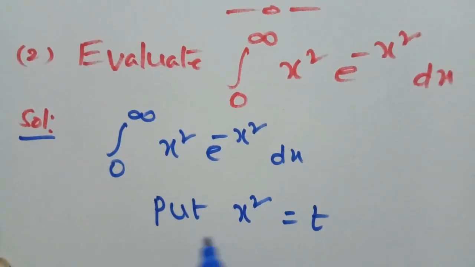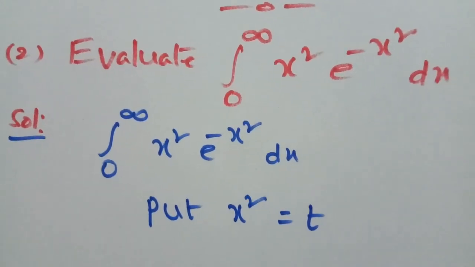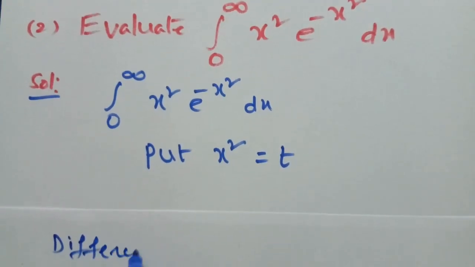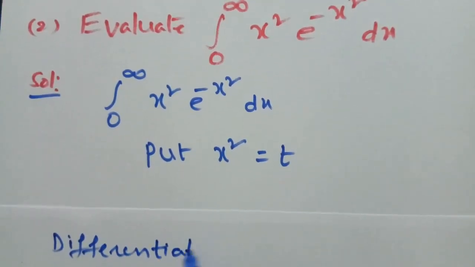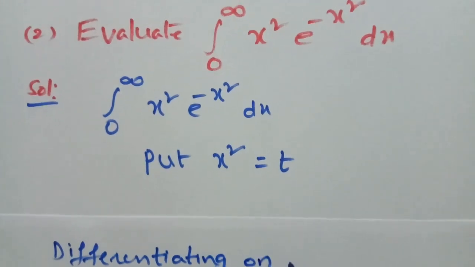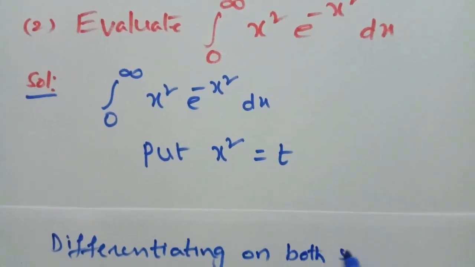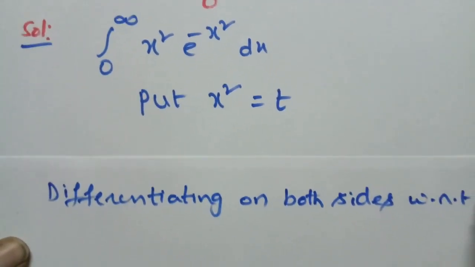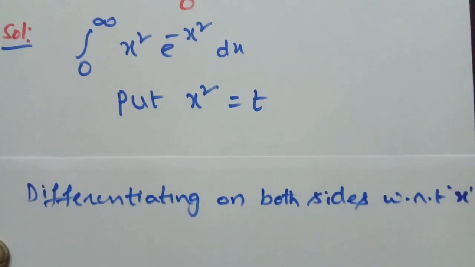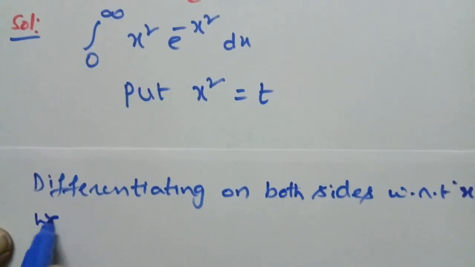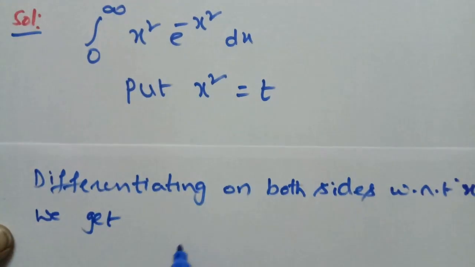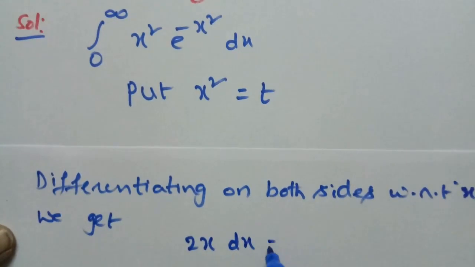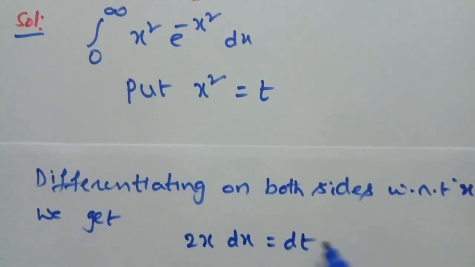Therefore, differentiating on both sides with respect to x, we get the derivative of x square, 2x into dx is equal to dt. 2x is equal to dt by dx.